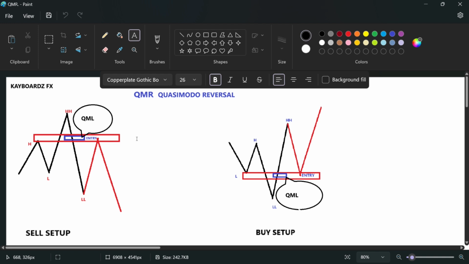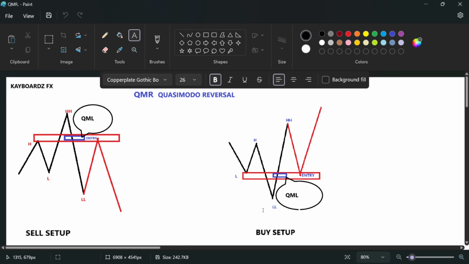So for QMC, it is a bit different, not different per se, but let me put it this way: the price is making a bearish trend. That means the price is selling massively, probably on the H1 time frame, 4 hour time frame, whatsoever. Now price makes a QM structure for sell.